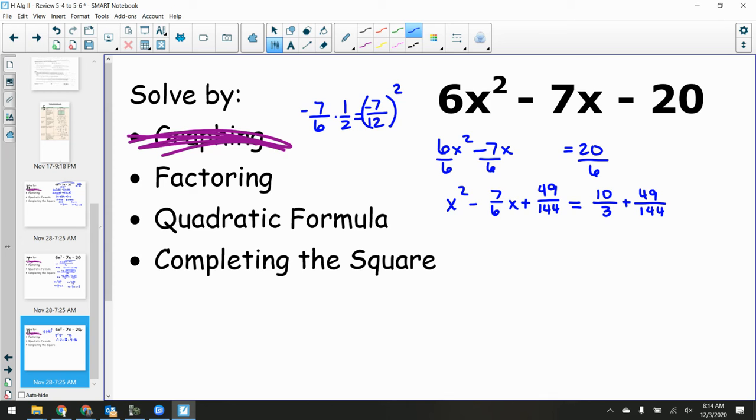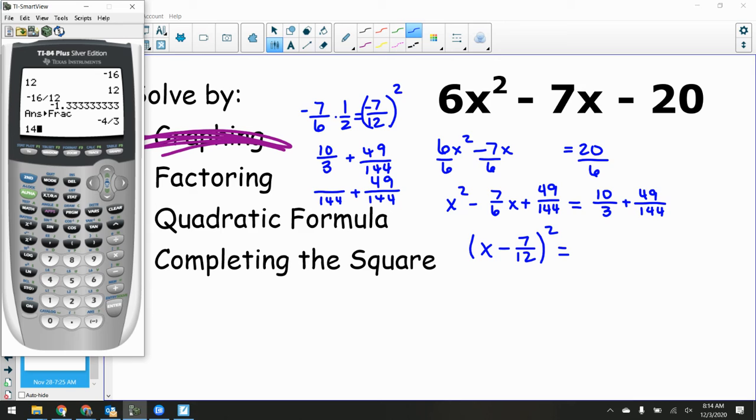Now, I factor the left side, but remember that it factors into x minus 7/12 squared. And on the right side, I've got 10 thirds plus 49 144ths. So let's get common denominators here. Let's try to make them both out of 144. What do I multiply 3 by to make it look like 144?